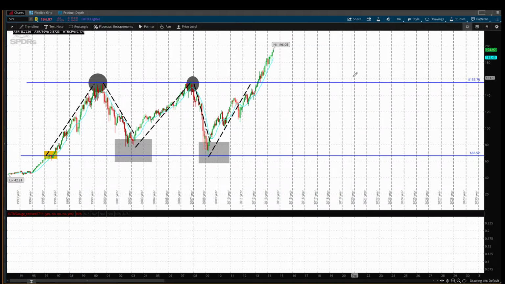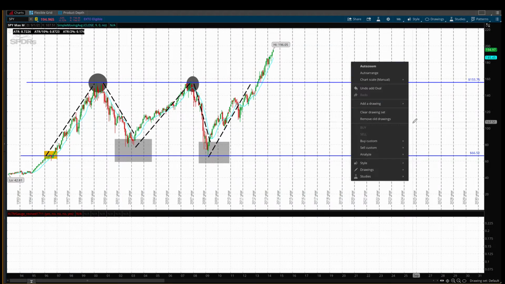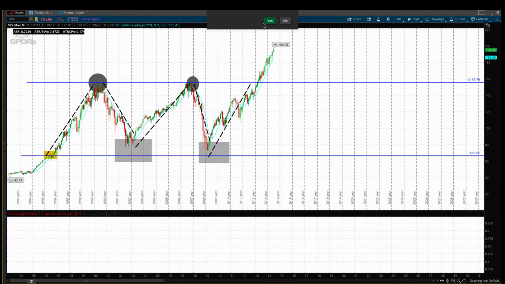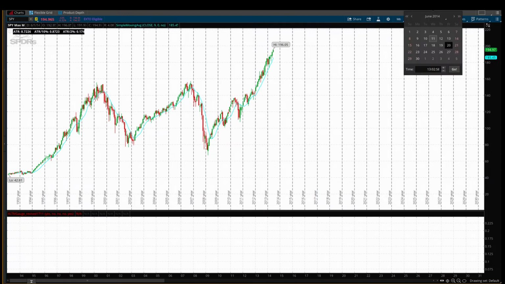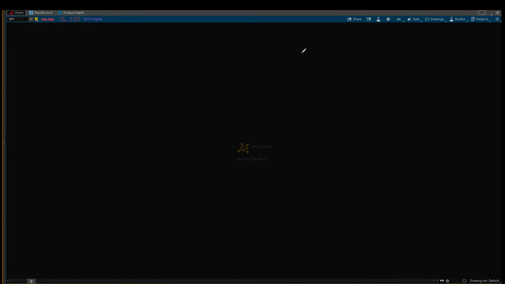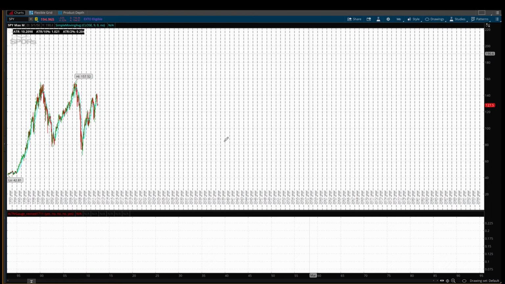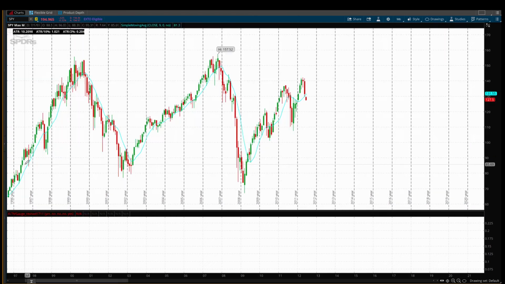So when we talk about having a stop loss, let me clear this chart, clear the drawing set. All right, so let's take it that I take the time back to around maybe 2012, where we started from, and then I would show you exactly what I mean by having a stop loss set in place and working with it.